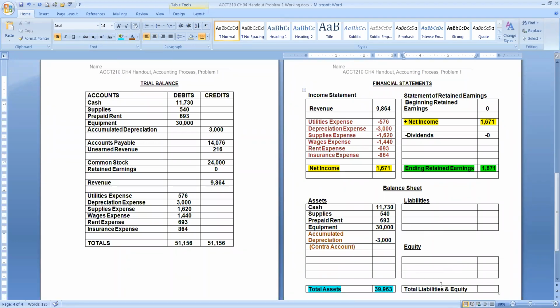Okay, what liabilities do we have? Accounts payable. Yep. So accounts payable and the unearned revenue.